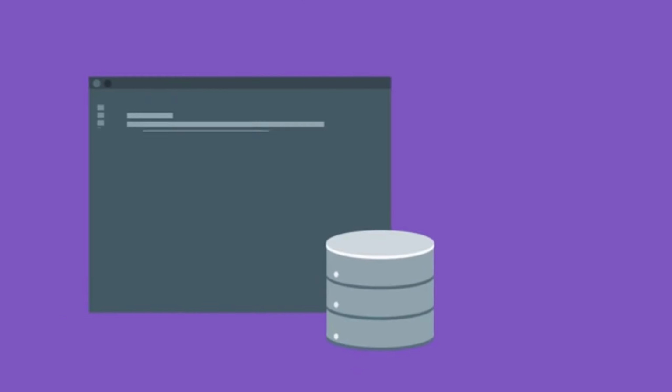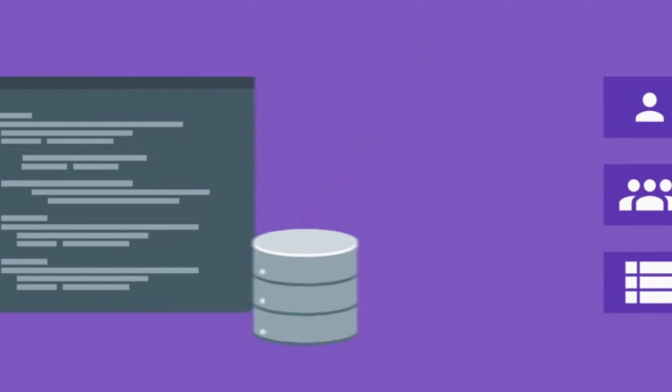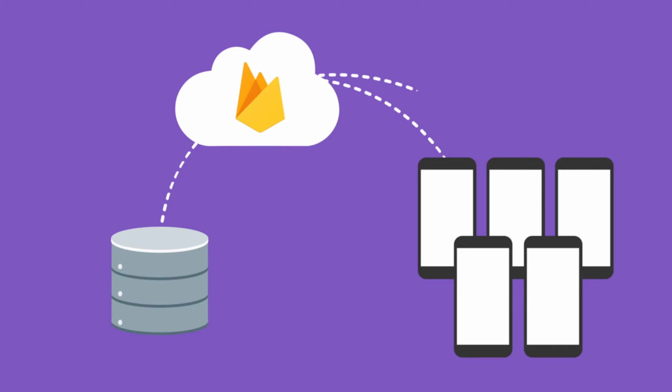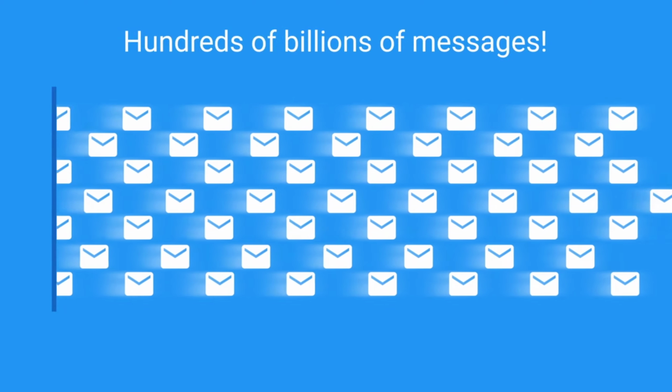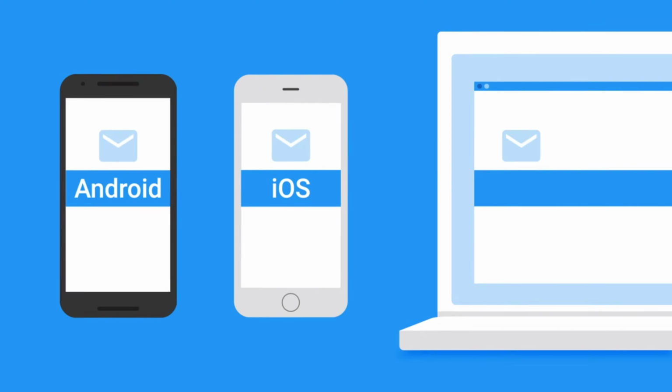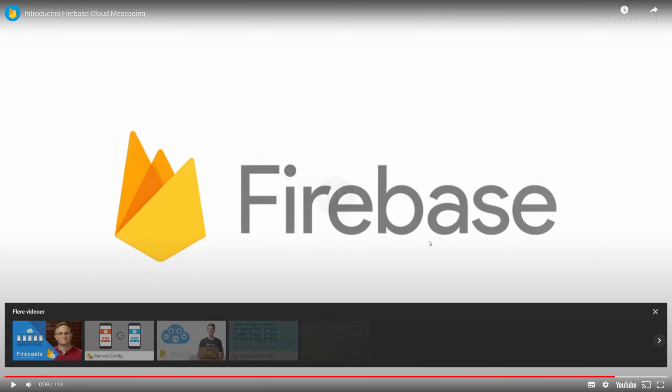Then, on your server, you write code that allows you to address these devices by ID, group, or topic, and which tells the Firebase Cloud Messaging server to send the messages for you. It's powerful, it's scalable, delivering hundreds of billions of messages per day, with 95% of messages being delivered within 250 milliseconds to connected devices across many different platforms. It's that easy, it's that powerful. Firebase Cloud Messaging.